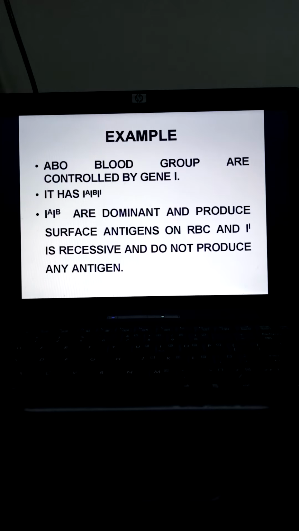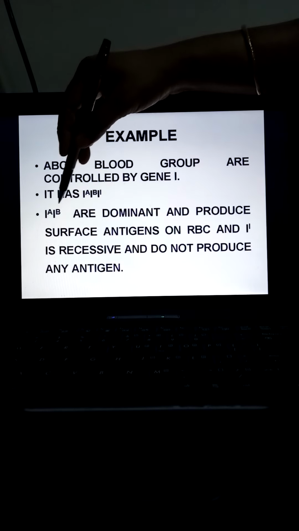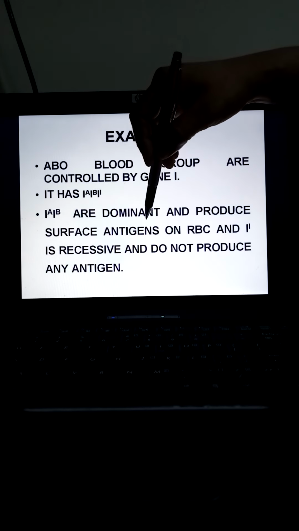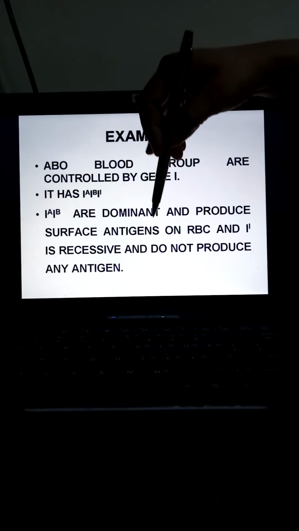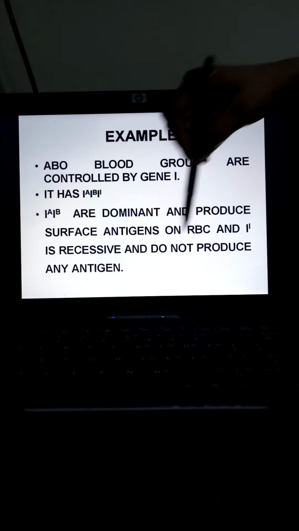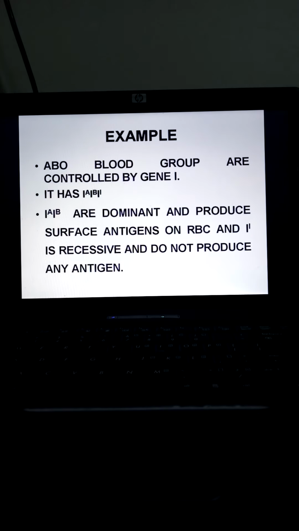That is codominance. So IA and IB are dominant characters, and whenever they are present, they will produce a kind of antigen on the surface of the RBC. And i is recessive, and this does not produce any kind of antigen on the surface of the RBC.